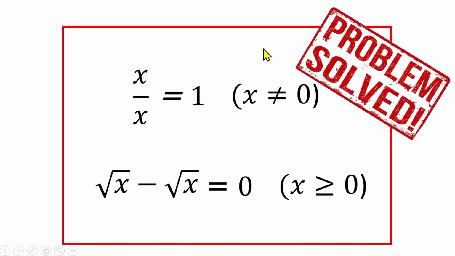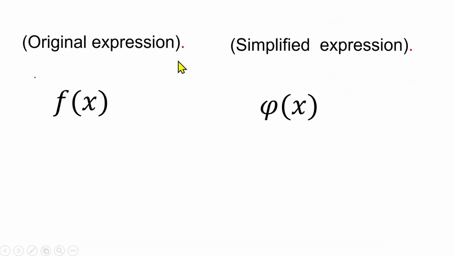What can we learn from these two simple examples? I believe the most important is understanding how to avoid pitfalls during simplification. Let's suppose we have the original expression and the expression which we got after simplification. The question is, are these two expressions equivalent?